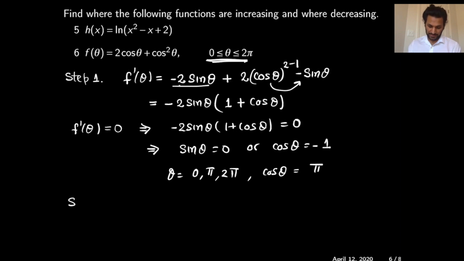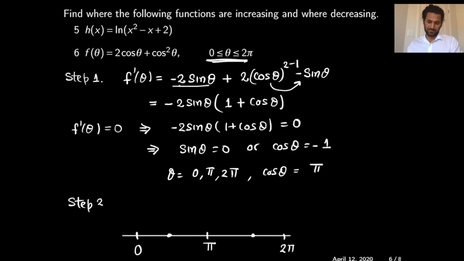So we will do the line test, step number 2. So the line test is this. You have the interval starting from 0 ending at 2 pi, and then there is a pi here. So you pick a point here and then you pick a point here. I can pick the point, let's say, pi by 2 and plug that into my derivative f prime of theta.